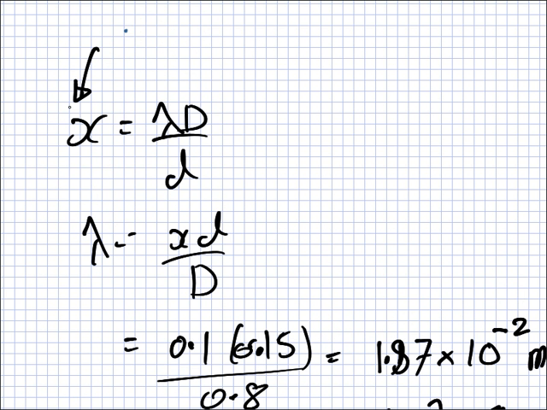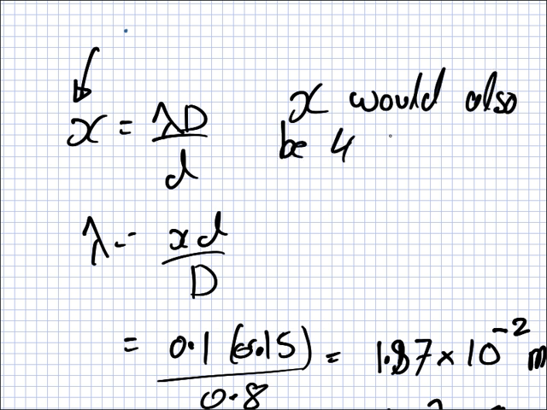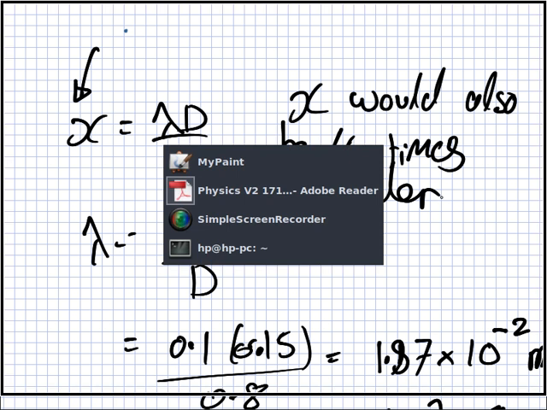What happened to x? Bigger or smaller? Smaller. Yeah. X would also be 4 times smaller. Only 1 mark.